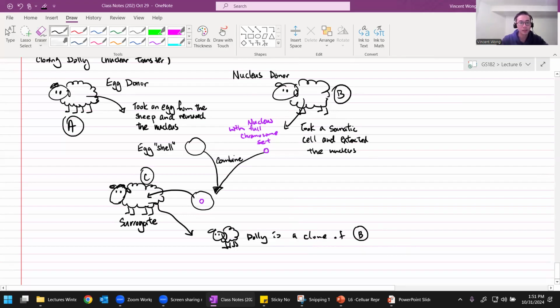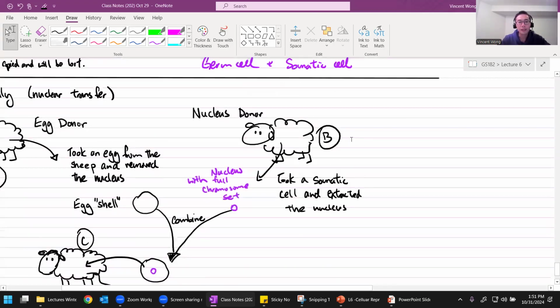Okay, the nucleus donor. All right, so what does any of this have to do with what we are learning? Well, Dolly only lived 6 years as opposed to the 12, 13 years of a normal sheep life expectancy, right? So how come? Well, the nucleus donor, the sheep that they took the nucleus from, was an adult sheep.